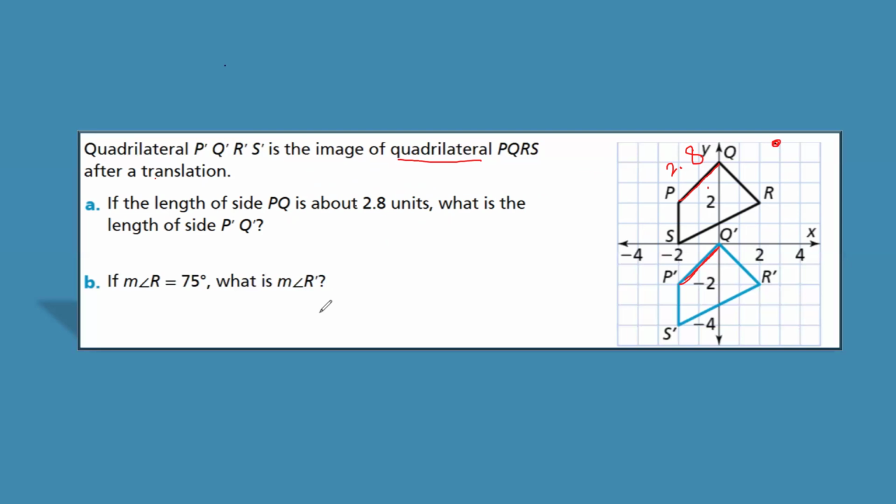In this case, this is my quadrilateral, and it moved down. So the sides are the same, 2.8 units, they will not change. What about angle R? Will angle R change? So is angle R prime different? No, also the same. The measure of angle R prime also equals 75 degrees.